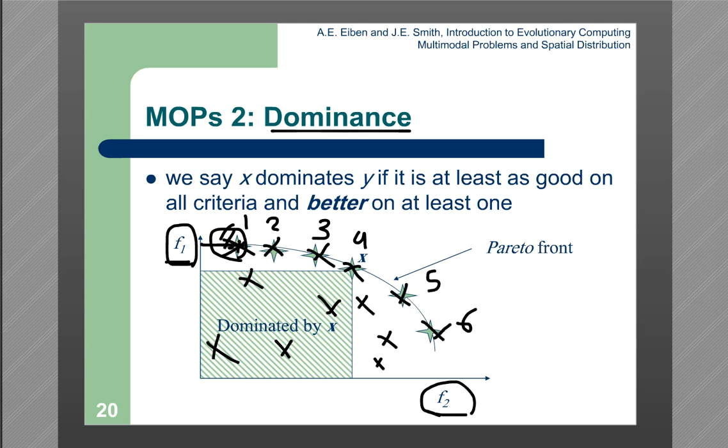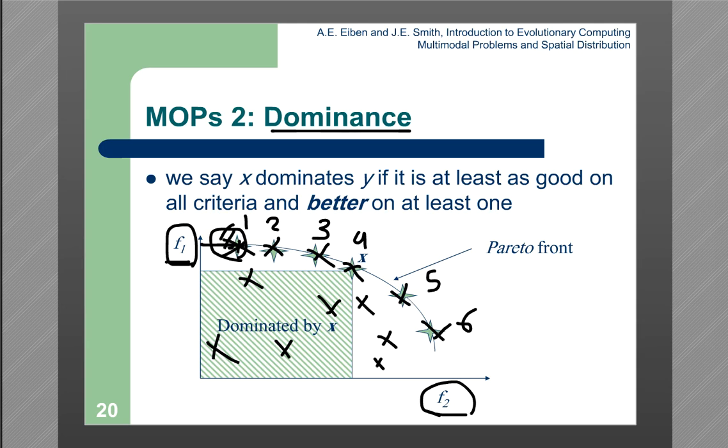Dominated is referred to as better by both fitness. Which one? 1, 2, 3, 4, 5, 6. None of these 6 elements is the best.